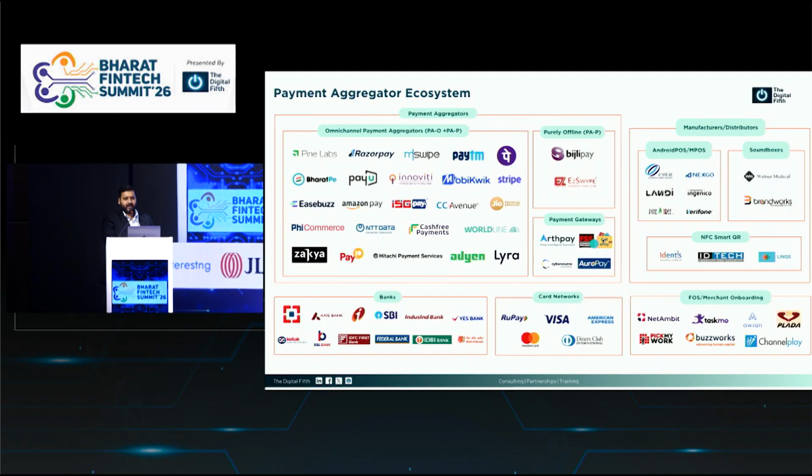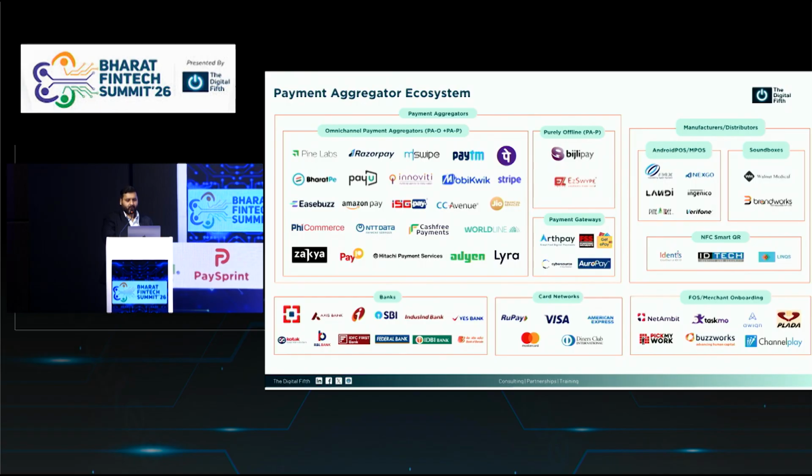There are manufacturers and distributors enabling the overall ecosystem of POS devices. And of course, there are banks enabling it from the issuer and acquirer perspective, because for any online transaction to happen, the participation of a financial institution is needed, since they have direct connectivity to the network as well as the bank account.